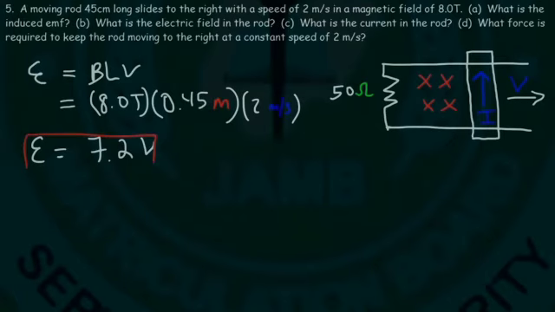That's all you need to do for part A. Now, part B. What is the electric field in the rod? To find the electric field, it's simply equal to the voltage divided by the distance. That's how you could find the electric field in a parallel plate capacitor. The electric field in a rod is the voltage divided by the length of the rod. The voltage is basically the EMF.